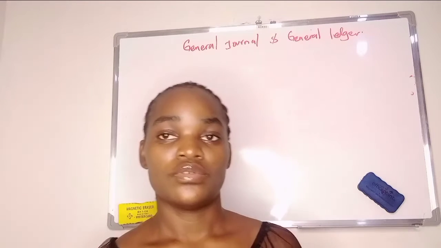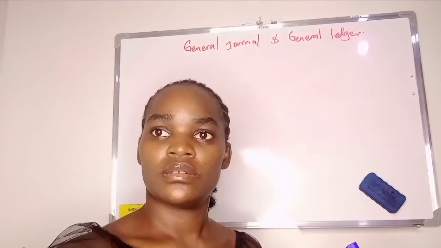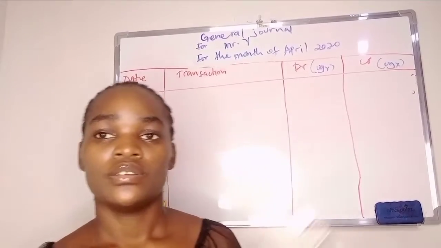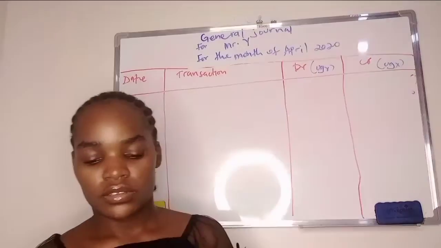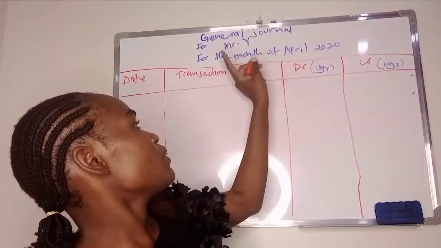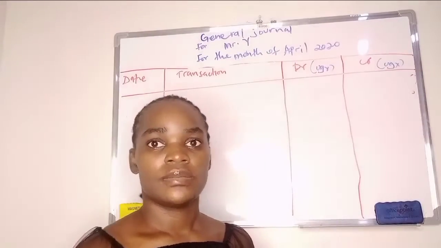So let's first draw the formatting. This is the formatting that we are going to use. You first write the title: Journal for Mr. Y. This question is related to Mr. Y, so journal for Mr. Y for the month of April 2020.